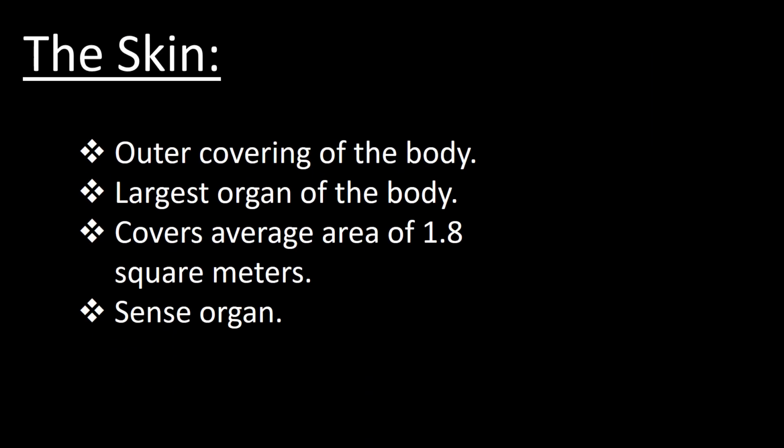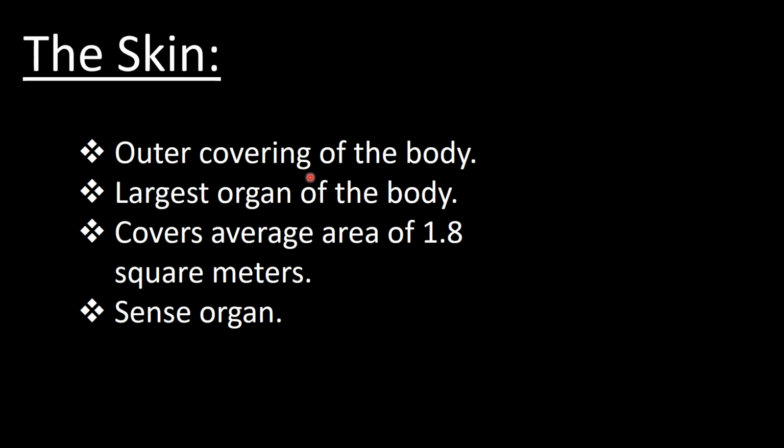Now let's move towards the topic, the skin. Dear students, what is the skin? The skin is the outer covering of the human body. Different animals have different kinds of skin. Some have slippery skin. Some have dry, scaly skin. Some have skin with feathers. Some have skin with fur.